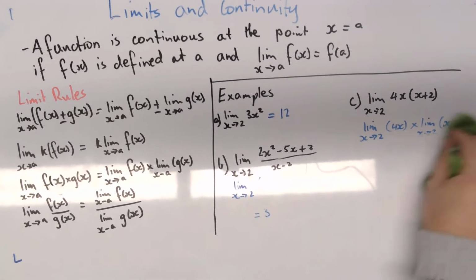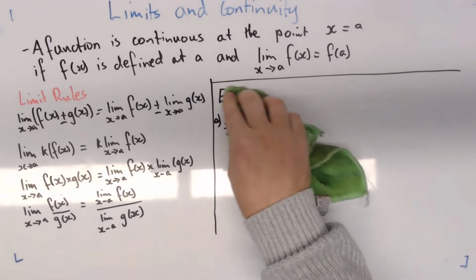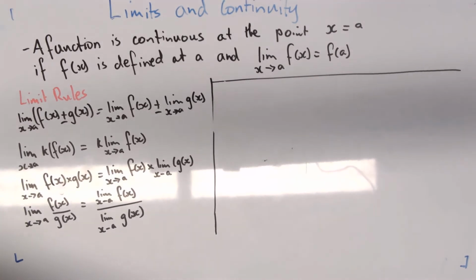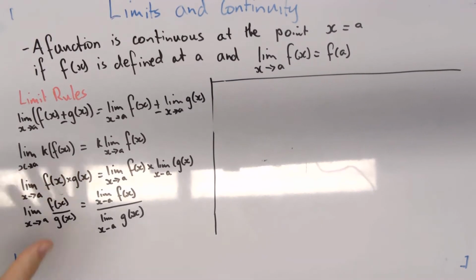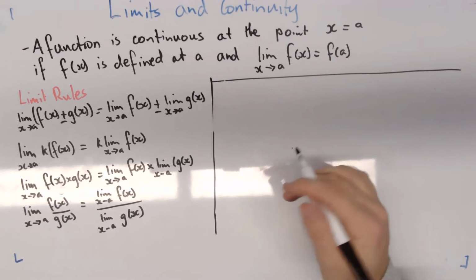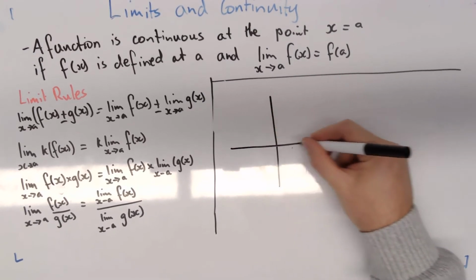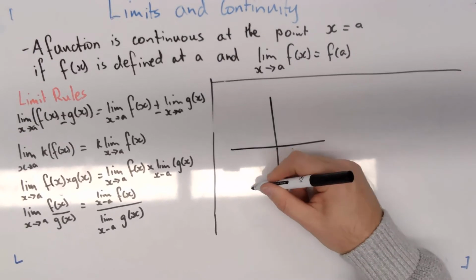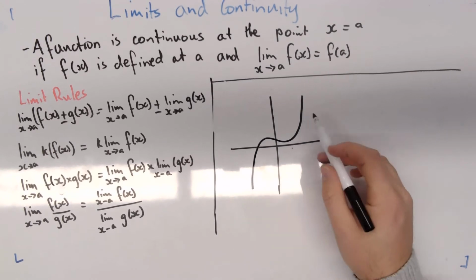What really aids with this work is looking at what it looks like visually. This is all about when we have functions that are continuous. So we do this limit stuff so we can get to this idea of continuity. All polynomials are continuous. If I've got a cubic here, we can see that there are no breaks or gaps.